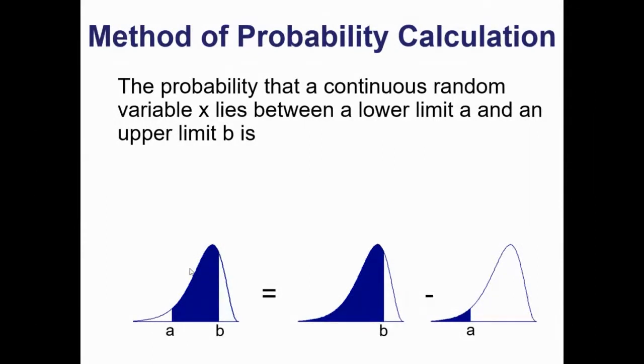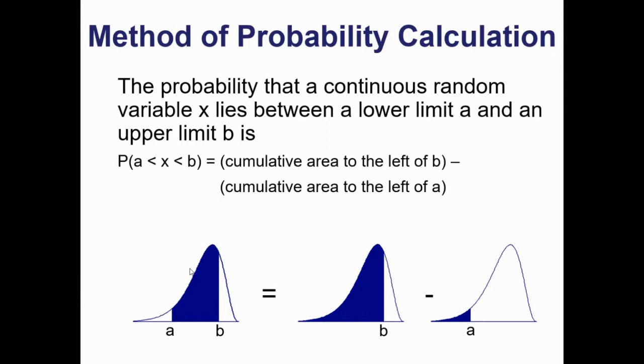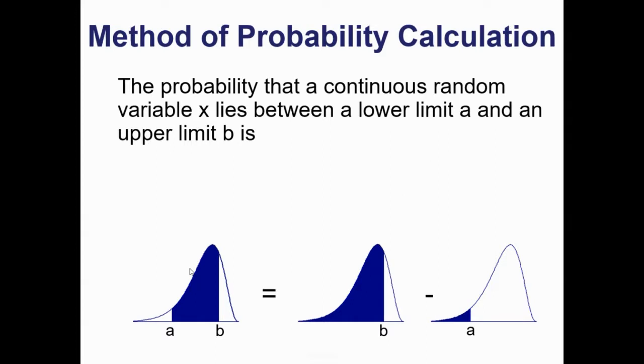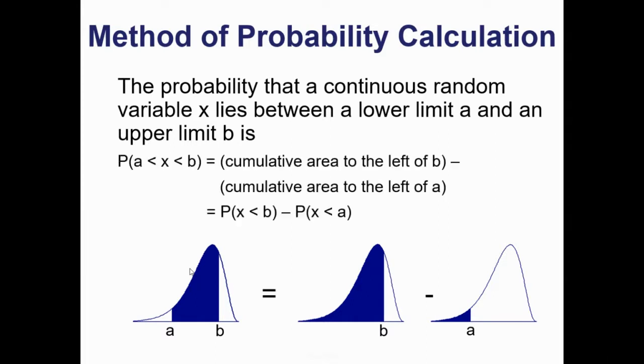So the probability that a continuous random variable x lies between a lower limit a and an upper limit b is the area to the left of b, so this whole area, minus the area to the left of a.